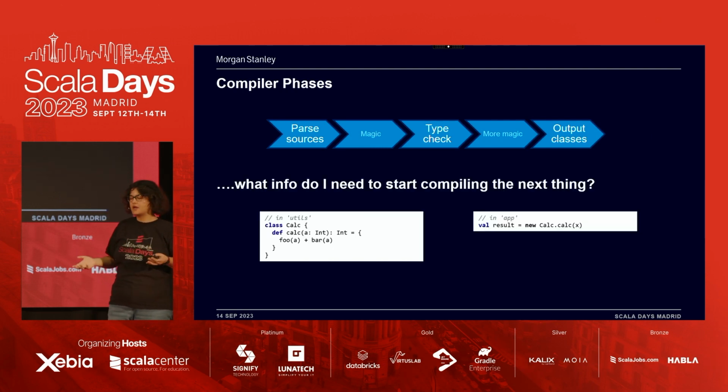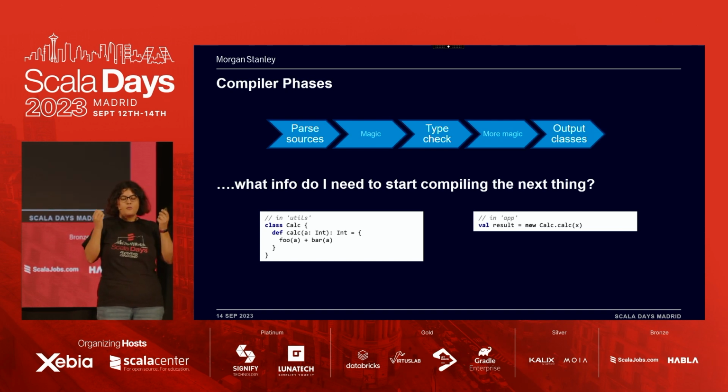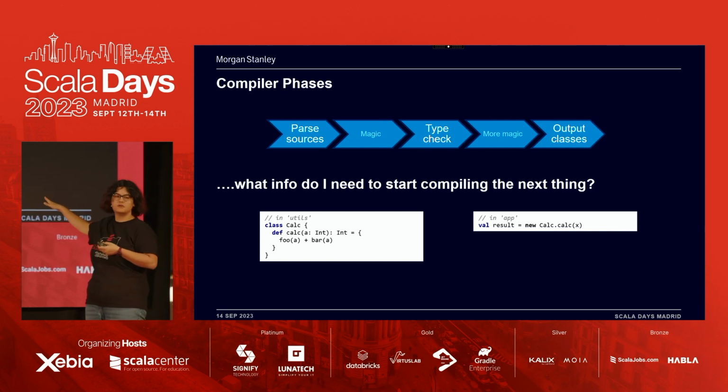But let's imagine now that I have some code in app that requires some code in utils. And let's start thinking about what is the amount of information I need so that I can start to do work in app, and I don't need to wait for utils to be finished. Turns out that all I need in order to compile app is to know that a certain function with a certain signature in utils exists.